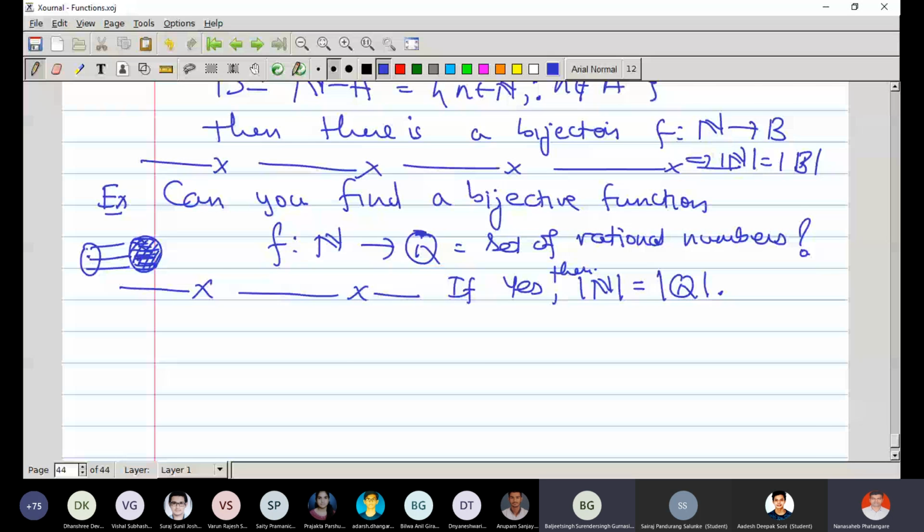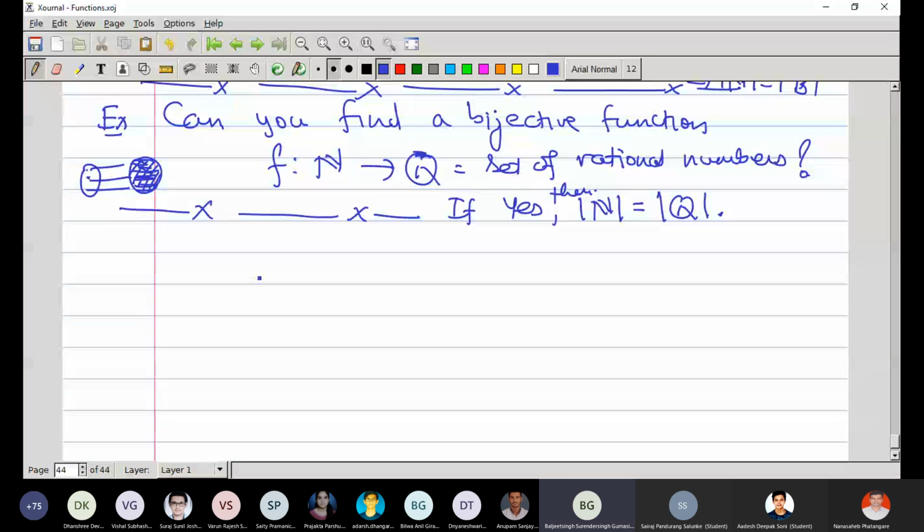Right. So we can try a bijection from N to N cross N. That is again okay. We can just say that if the element of N cross N is (x, y), then this represents the rational number x by y.